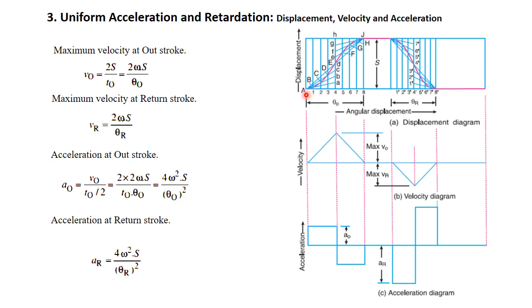Similarly, line capital A, small b will intersect with the vertical line passing through 2.